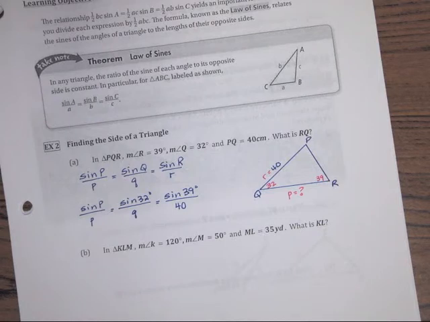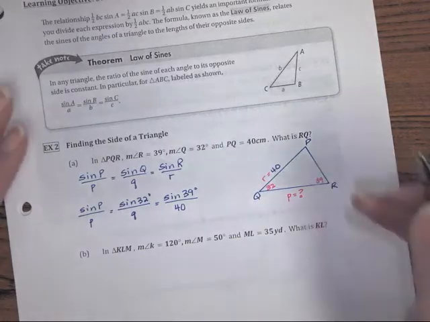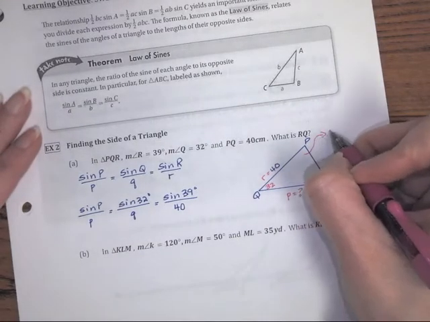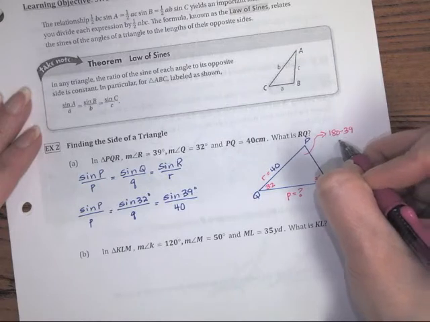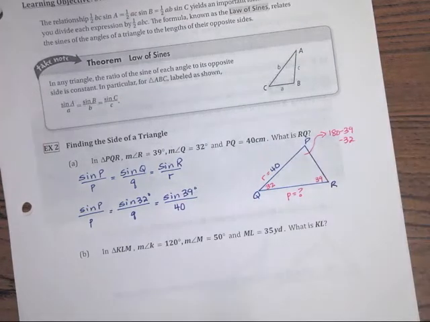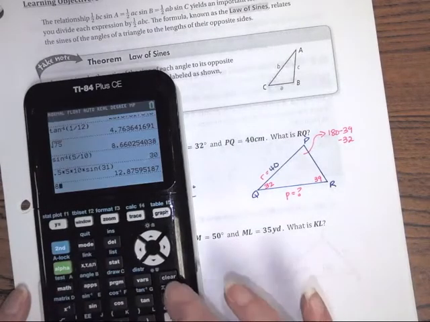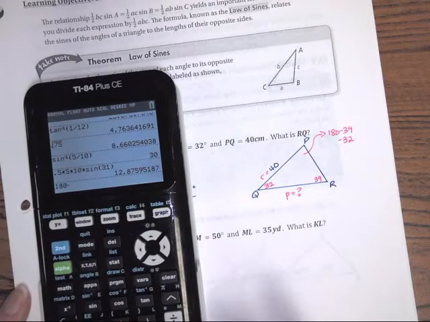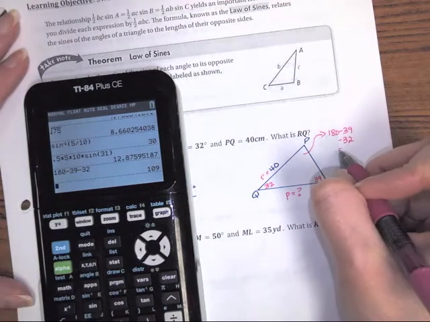All right? Would you agree we can find P over here by doing 180 minus 39 minus 32, right? And I get 109.